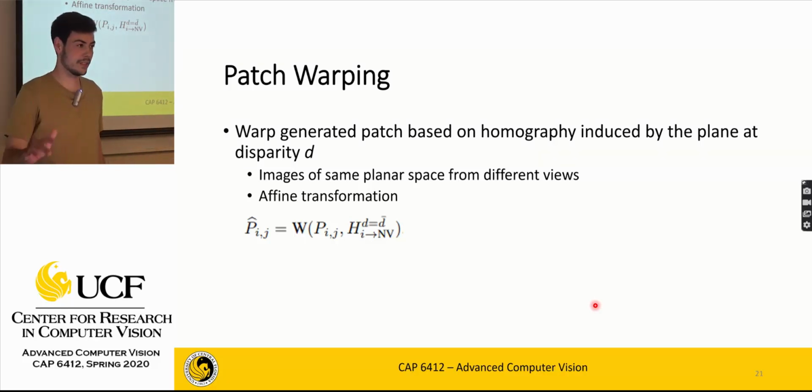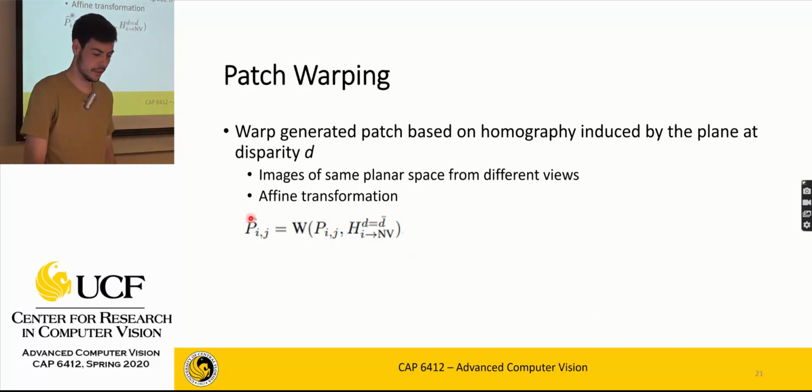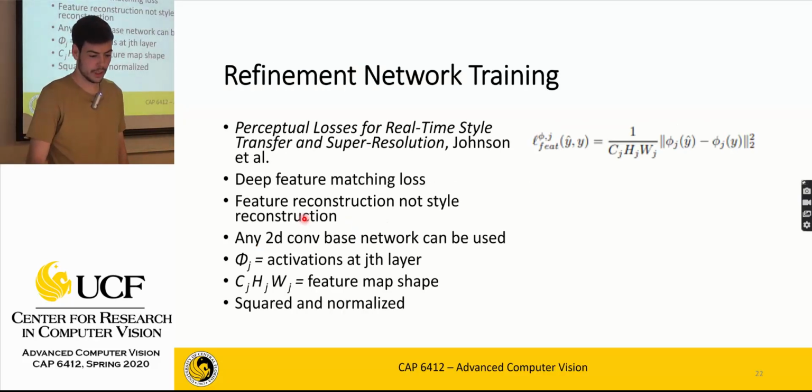They look at the planar space, so just a slice of the image, and look at different views at that image and calculate an affine transformation. So they use this function here, which all this does is take a patch Pij, and based on the homography at a certain depth value, it applies the warp necessary to get the same point of view.